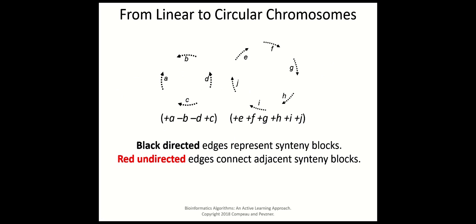Now, we return to the previous slide now that we know what a synteny block is. We notice that A is positive and is clockwise, while minus B is negative and the arrow is anti-clockwise.